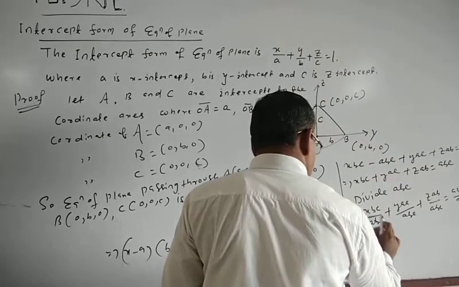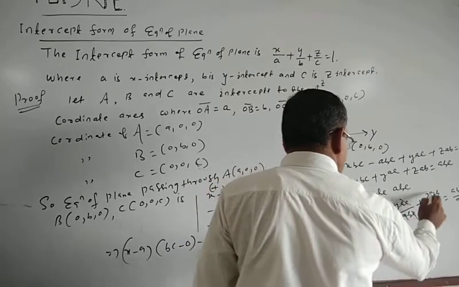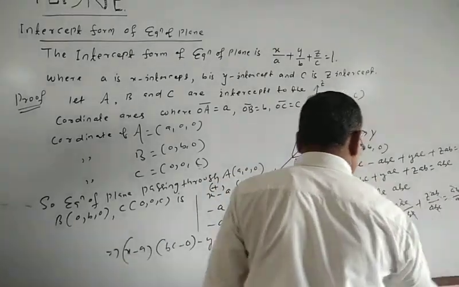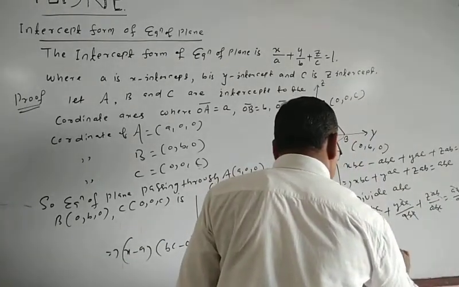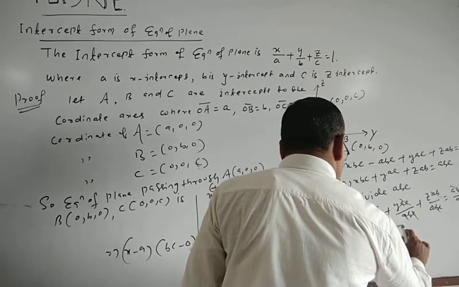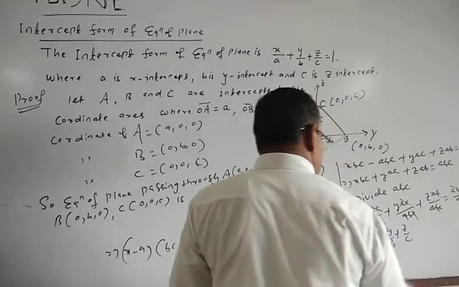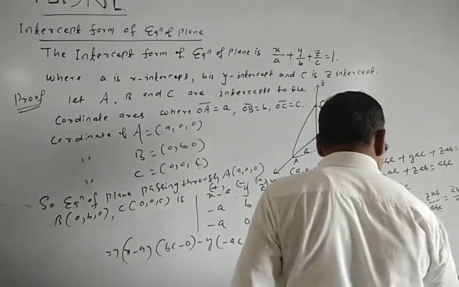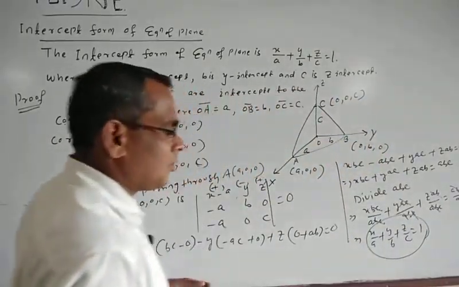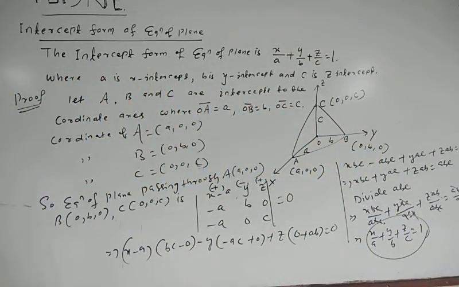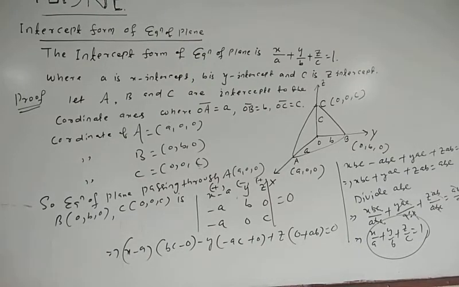So bc cancels, ac cancels, ab cancels, abc cancels. That is x by a plus y by b plus z by c is equal to 1, and this is known as the intercept form of the equation of the plane. So what is the equation of the plane in intercept form? x by a plus y by b plus z by c is equal to 1.